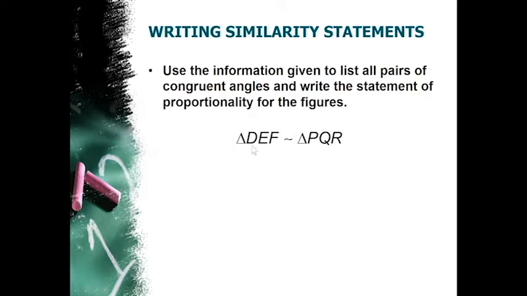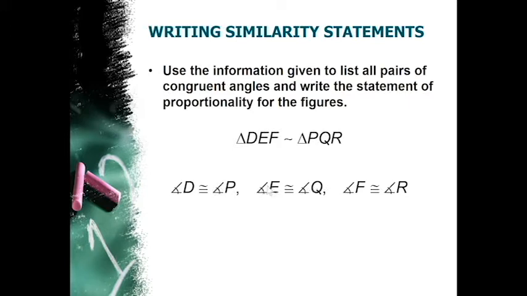Just by looking at this, we can tell that angle D has to be congruent to angle P because those are first in line. Our second in line, or our middle letters, angle E and angle Q have to be congruent to each other. And then finally, angle F and angle R also have to be congruent to each other. That shows us that all three angles of each triangle are congruent, meaning that they're the exact same shape.